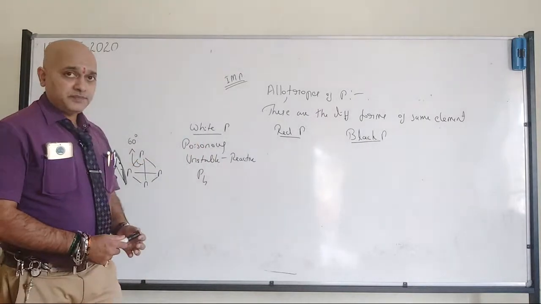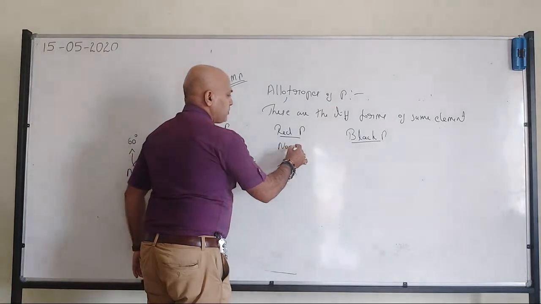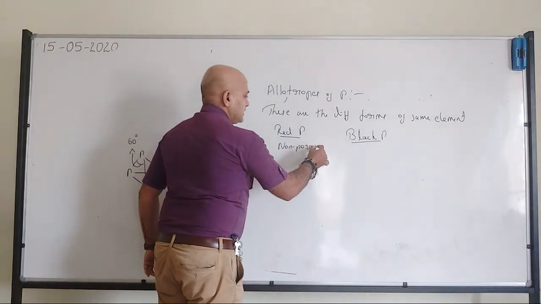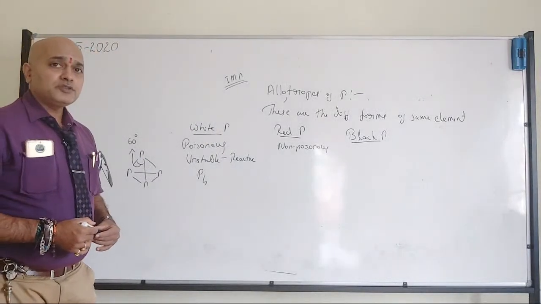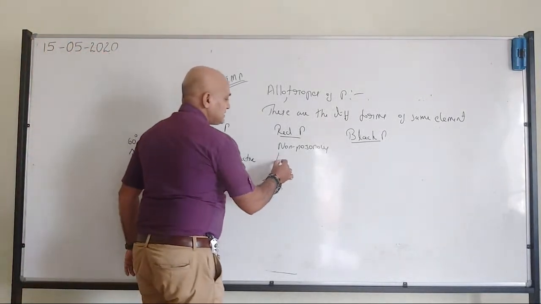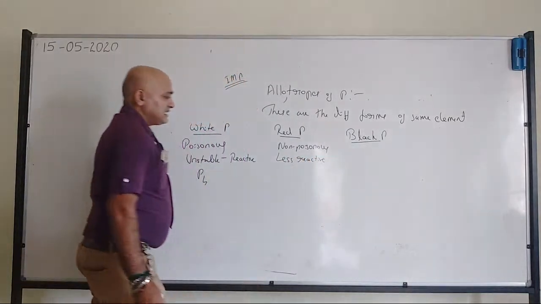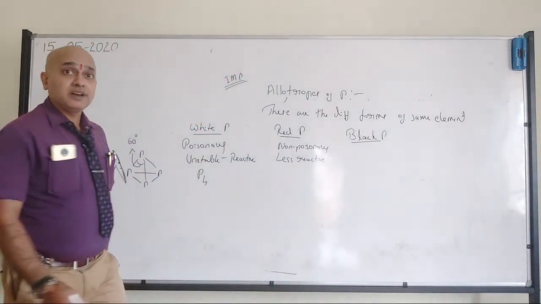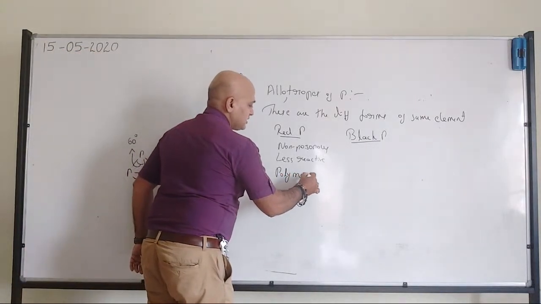That is one story. When it comes to red phosphorus, they are non-poisonous, no doubt. When it comes to reactiveness, they are less reactive, and very important, they are polymeric in nature.